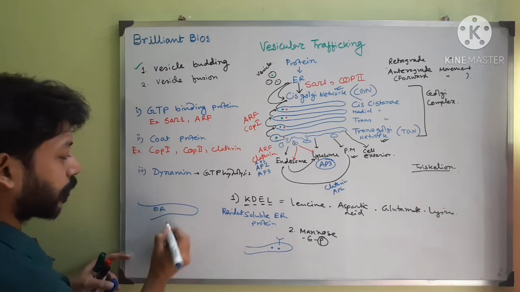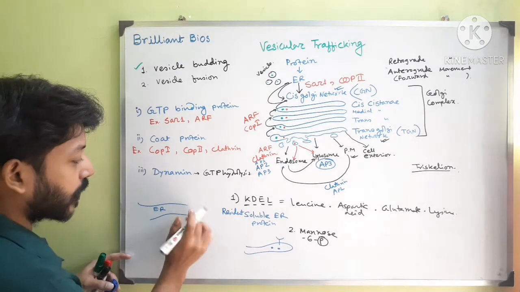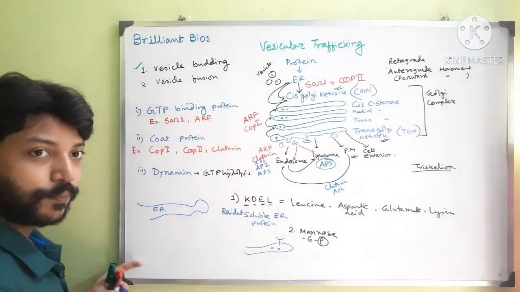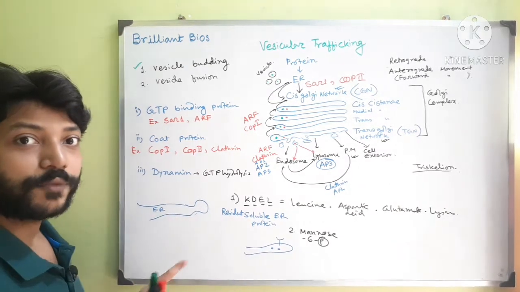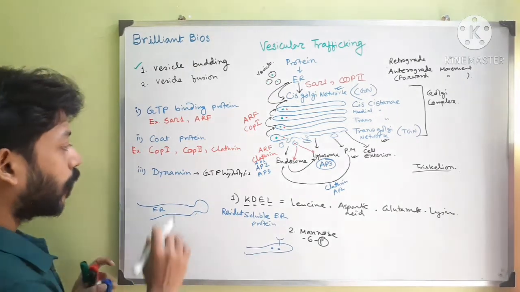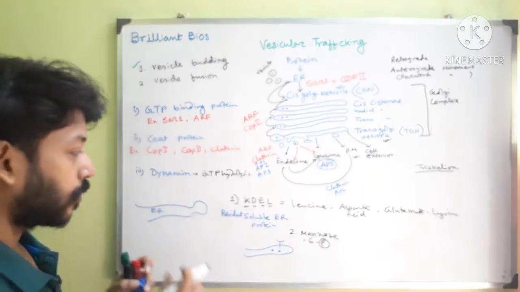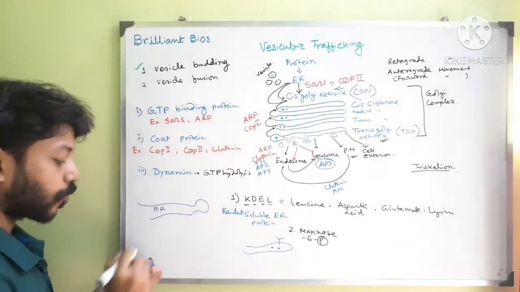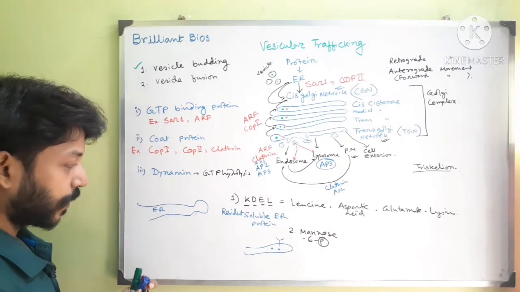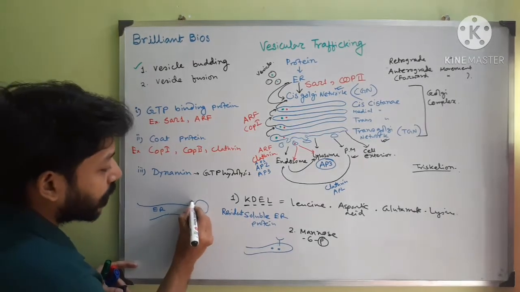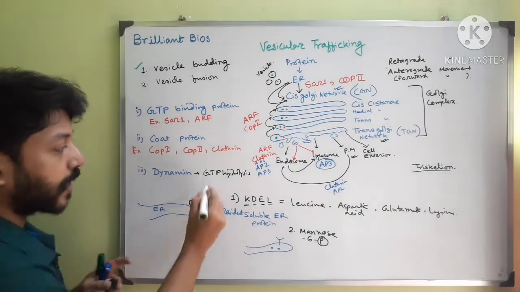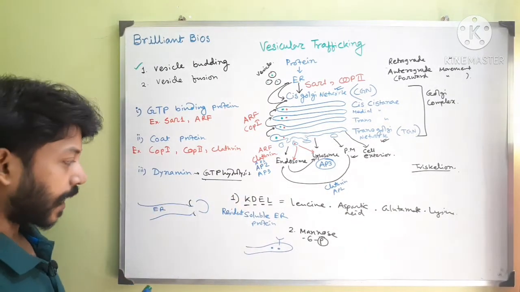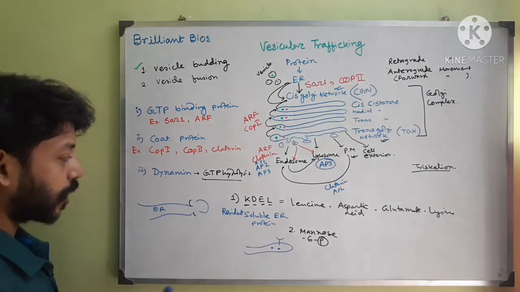This is the pre-forming vesicle. Now, to pinch off and cut these vesicles from the ER, the dynamin protein is important. Dynamin covers the neck region and, with the help of GTP hydrolysis, pinches off these vesicles and cuts them from the endoplasmic reticulum.